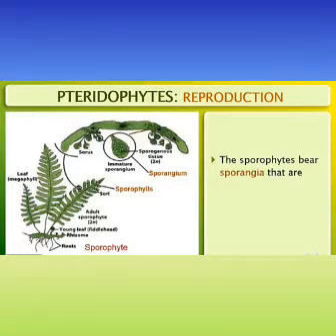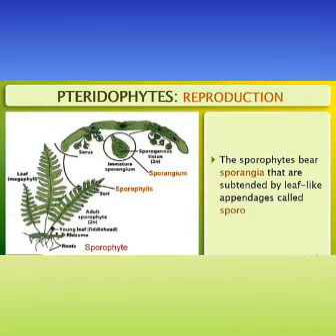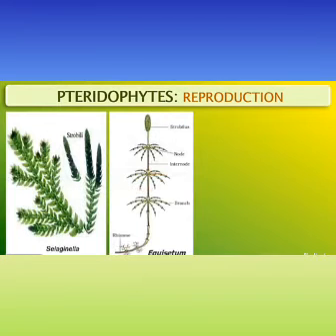Now coming to the reproduction, the sporophytes bear sporangia that are subtended by leaf-like appendages called sporophylls. See in the picture, spores are present now, children. As you know, spores will be on the lower side of the leaf. This will help in the reproduction.